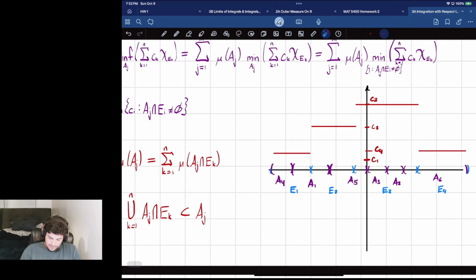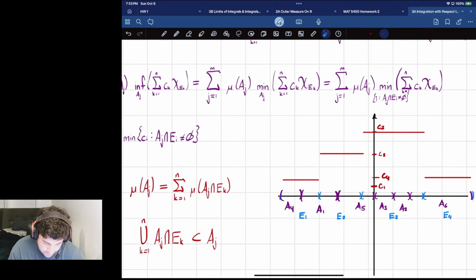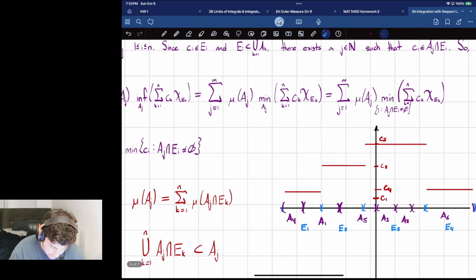Let's see. It's involving these two, and that's because it's intersecting E2 and E1.